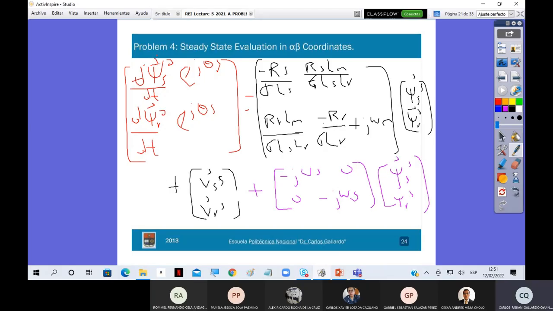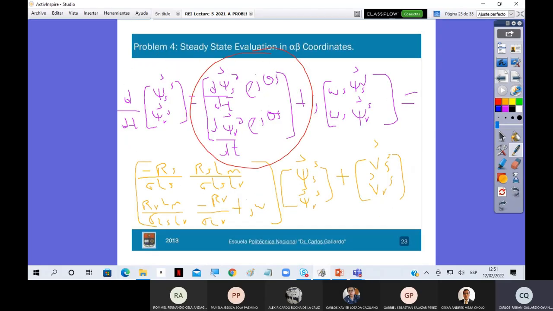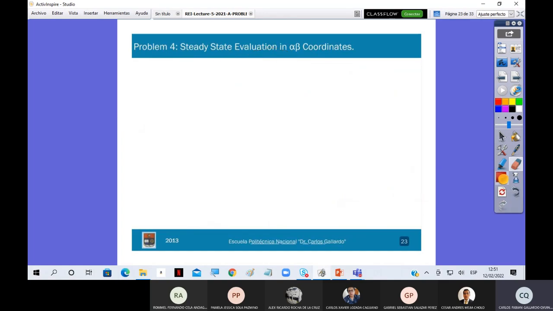Once again, taking out as a common factor this term and this term, I will get the following equation.